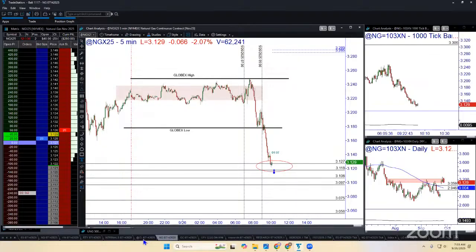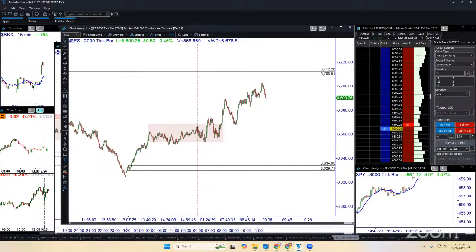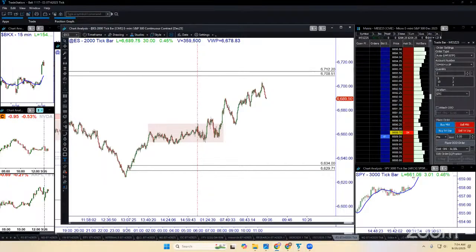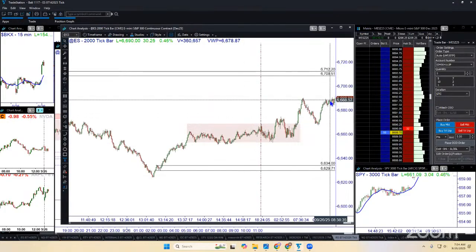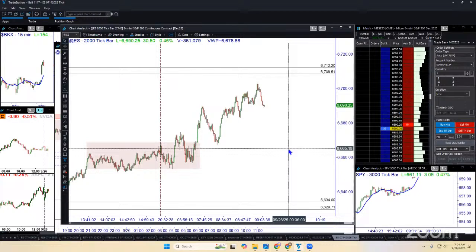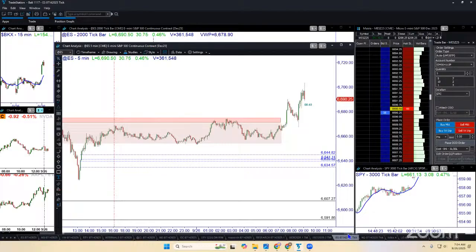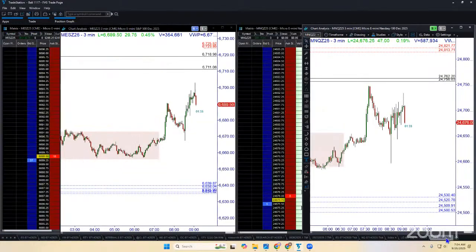Stop filled. Order working. The time-based charts are taking a while to set up. All right, so let's keep working on this.